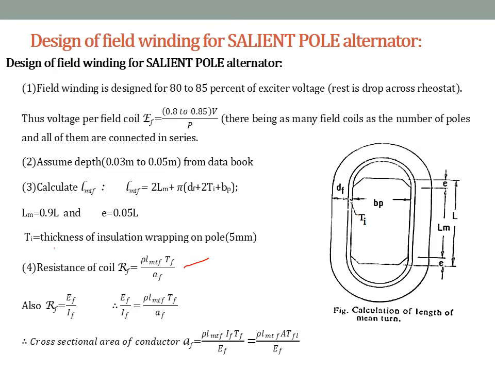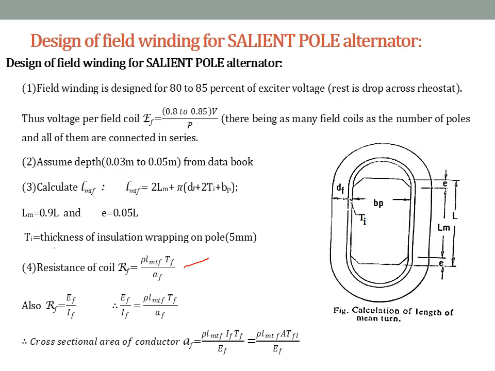Okay, so now we'll see once again. Something is wrong with the recording. We'll start with the design of field winding for salient pole alternator. So this already we have discussed in case of DC machine design, the DC machine field winding design.